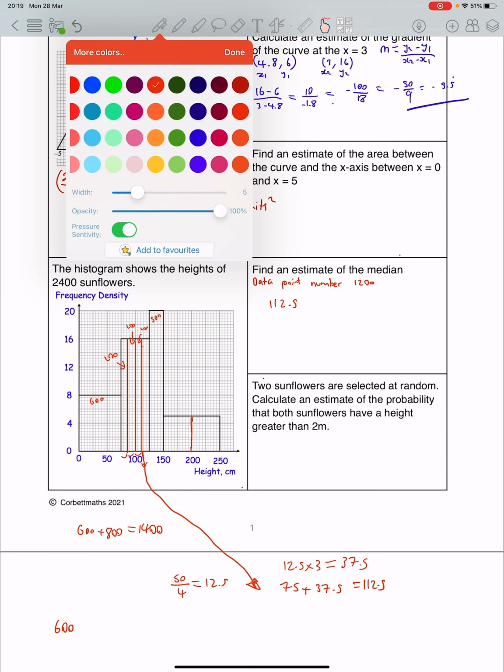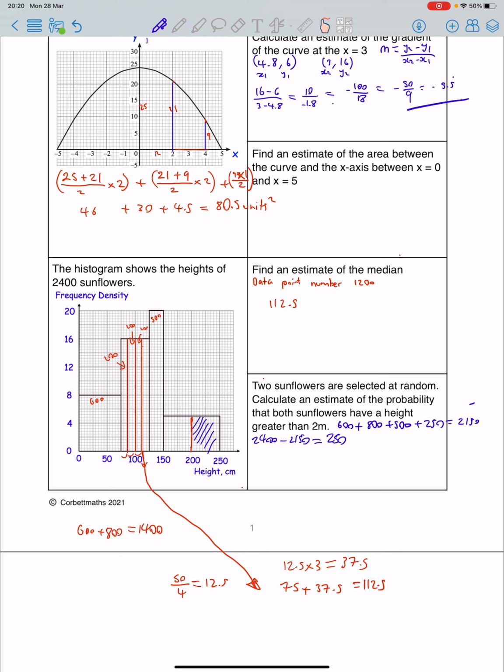So the probability of one of them being greater is 250 over 2,400, the total number. Now, at this stage, because it's 2 sunflowers that are selected at random and it doesn't imply replacement, you would want to do 250 over 2,400 times 250 over 2,400 like this.